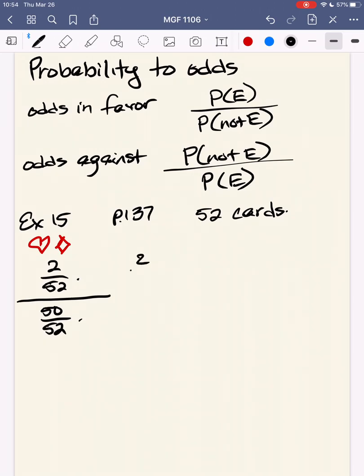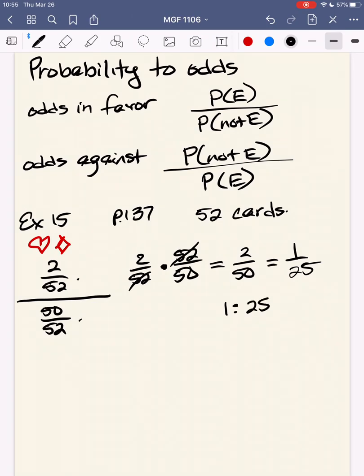So I keep, change division to multiplication, flip the second fraction over, and these are going to cancel out. I end up with 2 over 50, or 1 in 25. You'll also see it expressed as 1 to 25. So you've seen this notation before also.